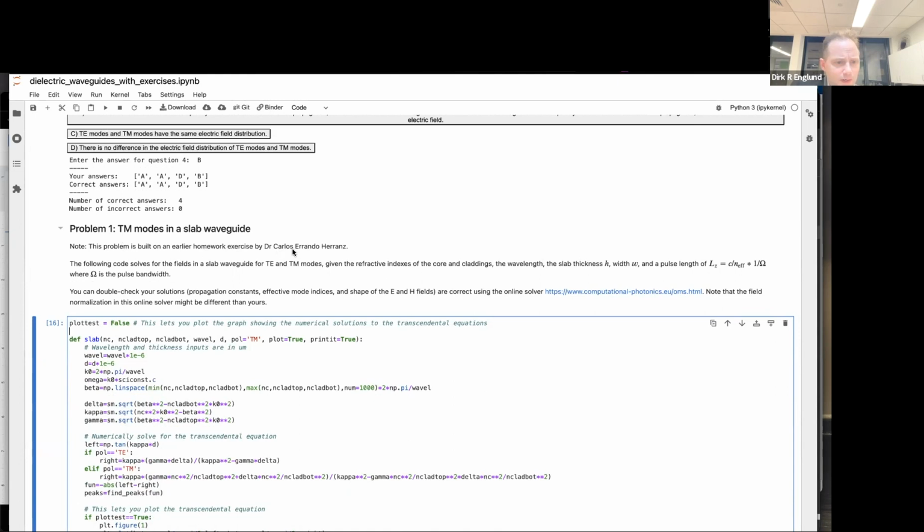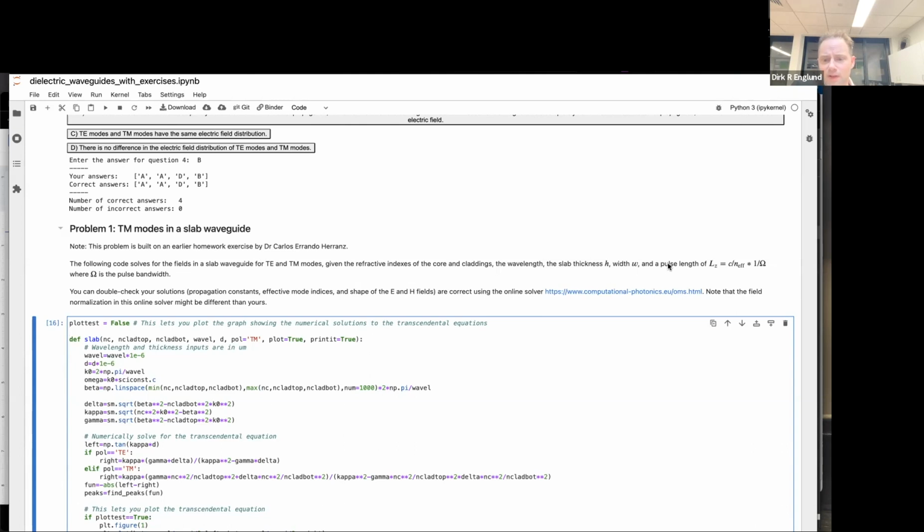So what we want to do is find the mode shape of the TE and the TM modes, given the refractive indices of the core and the claddings, the wavelength, and the slab thickness H and the width. In this case, width D and W are used interchangeably, the same.